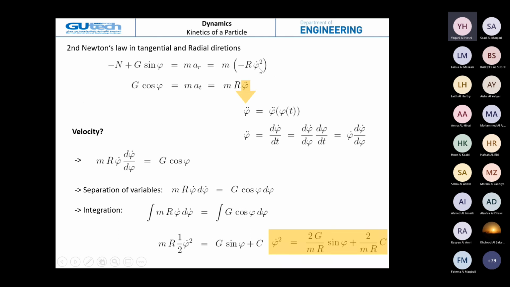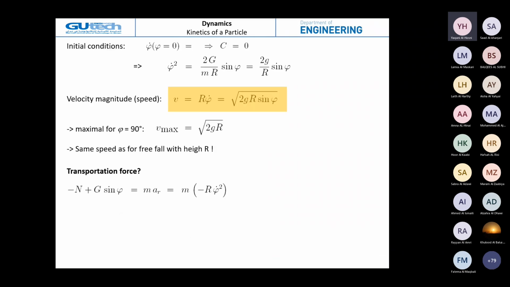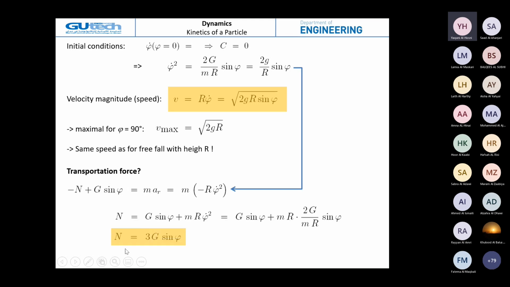Phi dot square has been determined from this equation here. Now we only have to substitute phi dot square by this value in the first equation. Then the reactive force is only 3 times the gravitational force multiplied by sine phi.